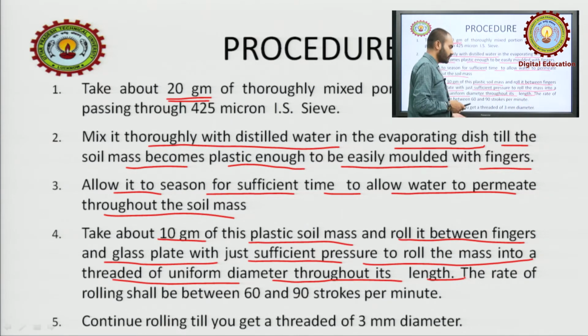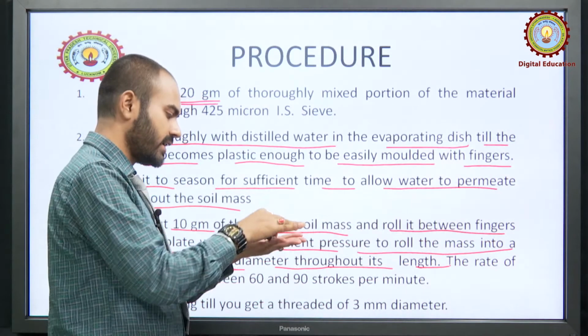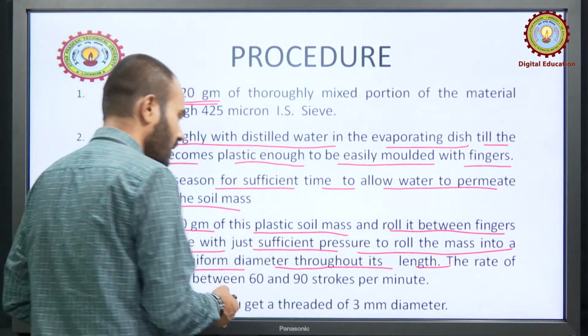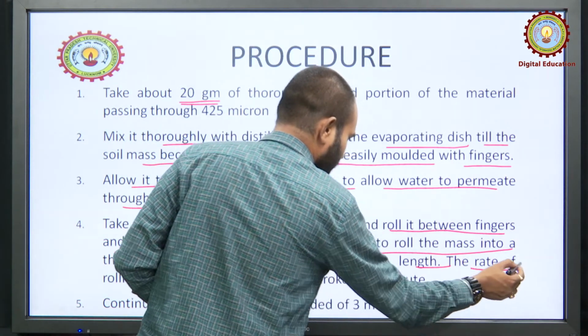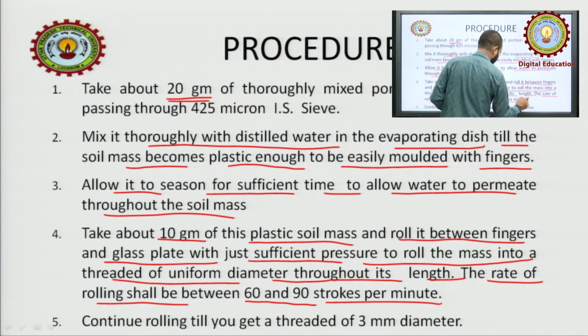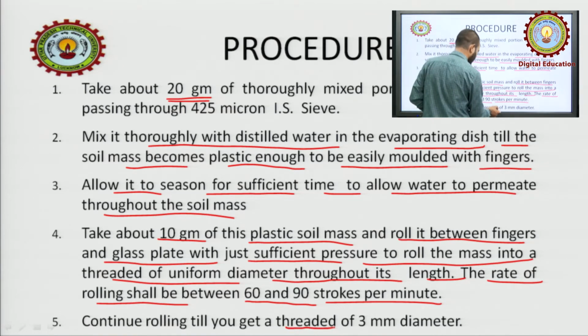We have to roll it in such a way that a thread of 3.2 mm diameter is made. The rate of rolling will be 60 to 90 strokes per minute. Continue till you get a thread of 3 mm diameter.